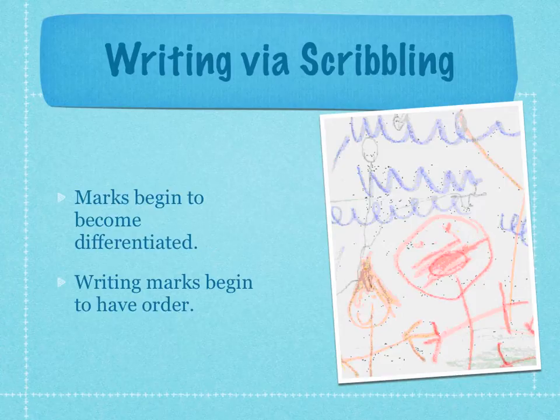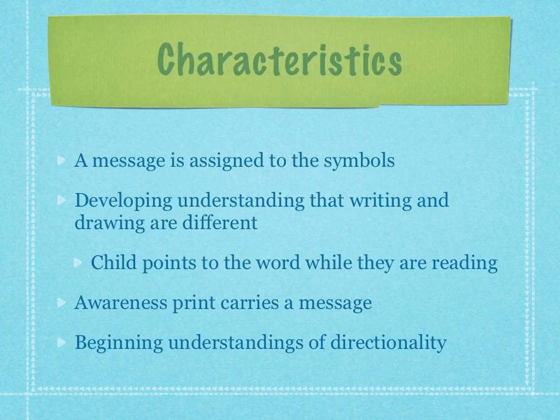And so here we're beginning to see a differentiation between picture and writing itself, right? And it's this scribbling that is assigned a message, right? This says something. And it also shows us that there's a developmental understanding that writing and drawing are different things, right?